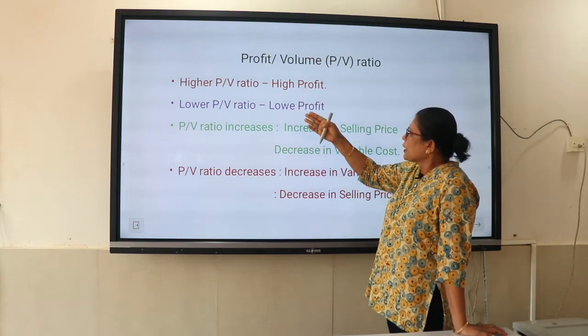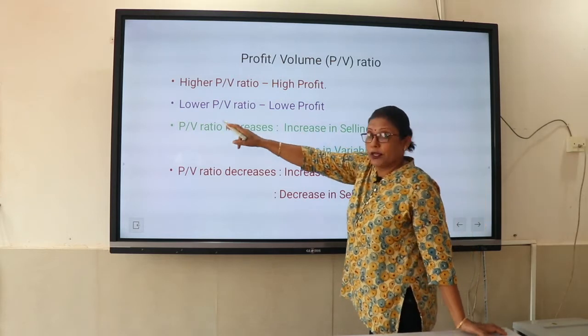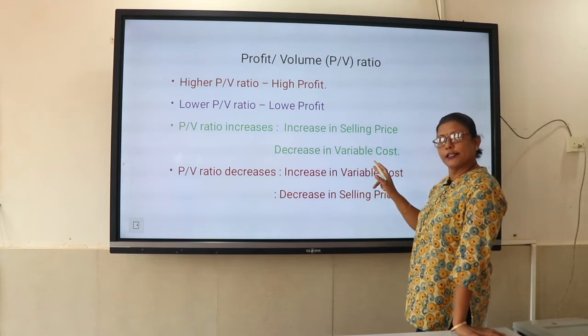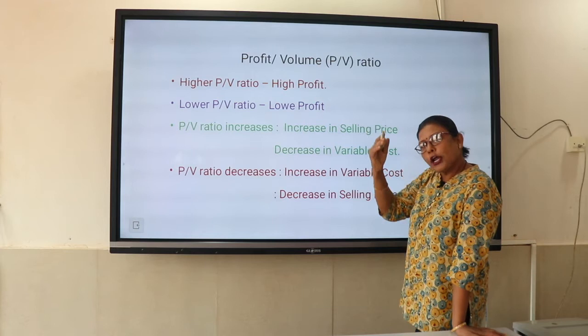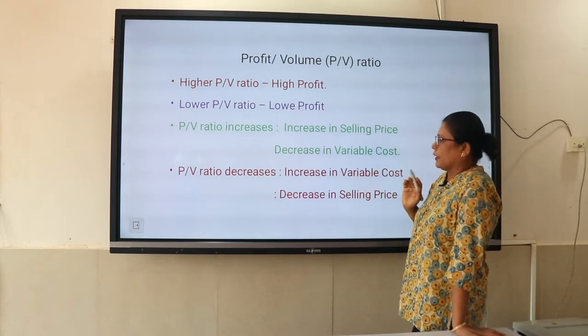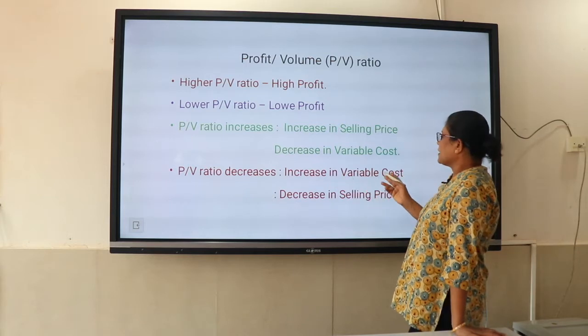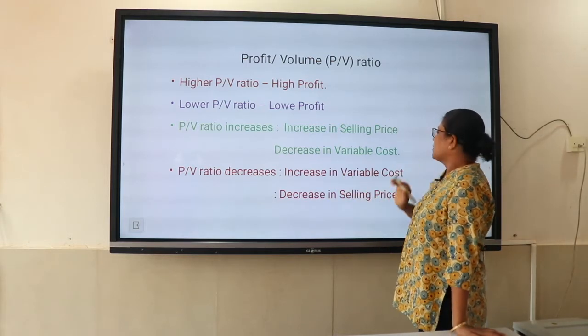Lower PV ratio leads to lower profit. Now how do I increase PV ratio? I can increase PV ratio by increasing the selling price or decreasing the variable cost. PV ratio can be decreased in the reverse manner: increase in variable cost and decrease in selling price. So that is PV ratio.